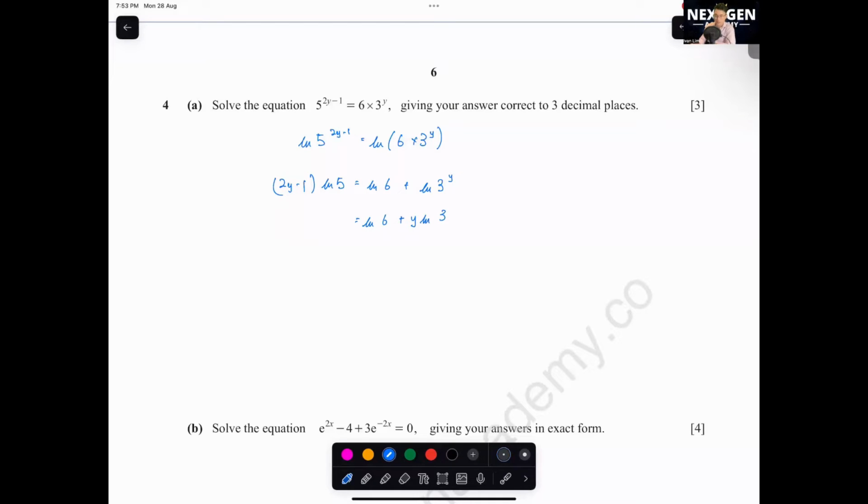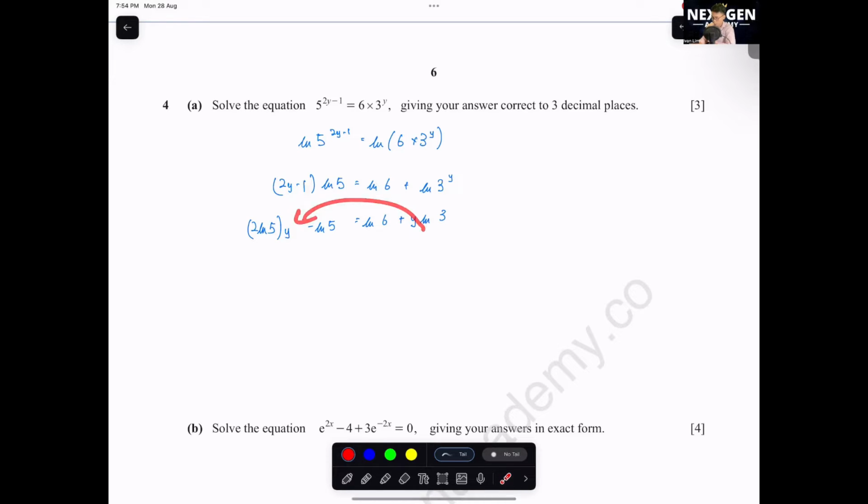On the left-hand side, I'm going to open up the bracket, so this becomes 2 ln 5 y minus ln 5. You have to be careful here, because the y doesn't belong to the ln. So (2 ln 5) y minus ln 5 equals ln 6 plus y ln 3.